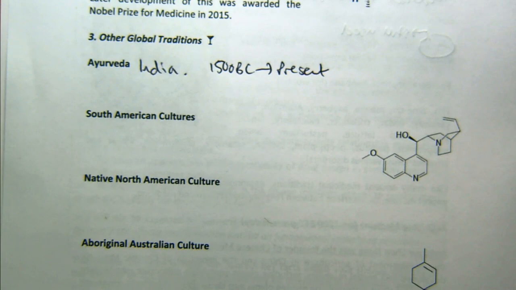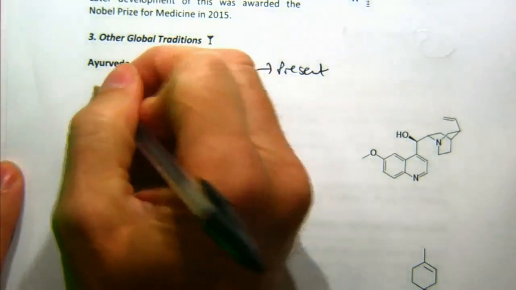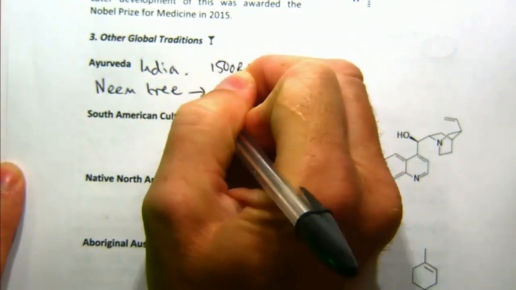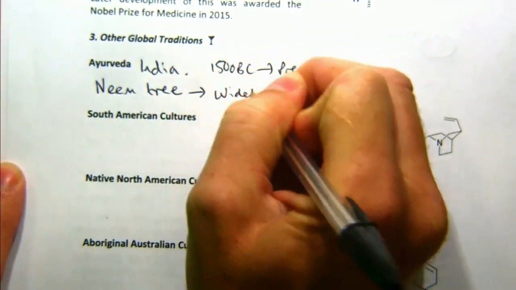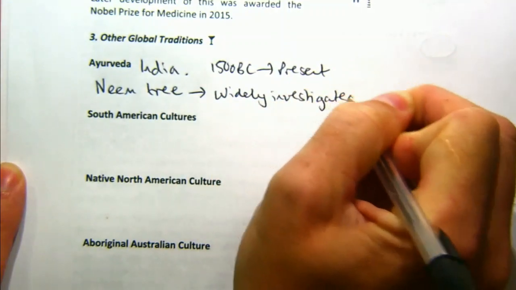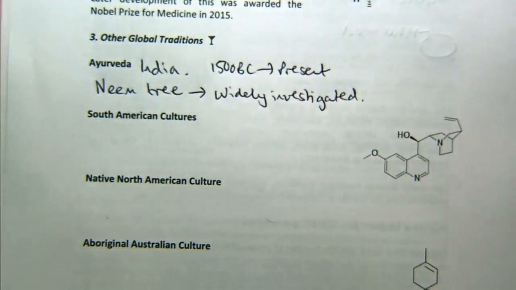One of the things that's very widely investigated currently in Ayurveda is the neem tree. If you look up neem tree online, you'll find it can cure everything from cancer through to bacterial infections through to so on. And there's no doubt that there's a lot of interesting chemistry within the neem tree and various other of these natural products. The key is pinning it down.